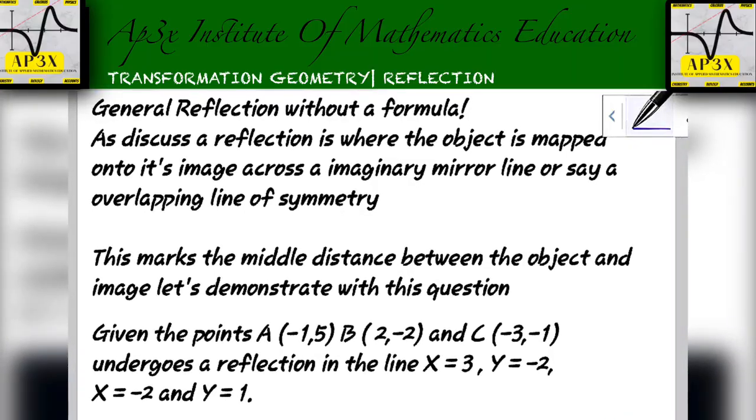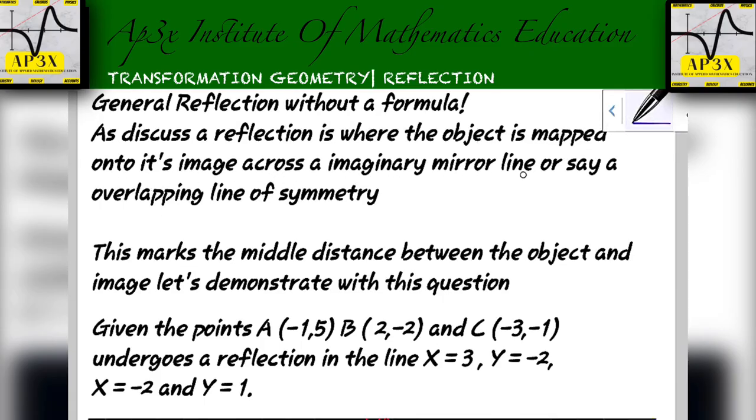All right, now as discussed, a reflection is where the object is mapped onto its image across an imaginary mirror line, or an overlapping line of symmetry. So basically it's a line that cuts the distance between the object and the image into two halves.